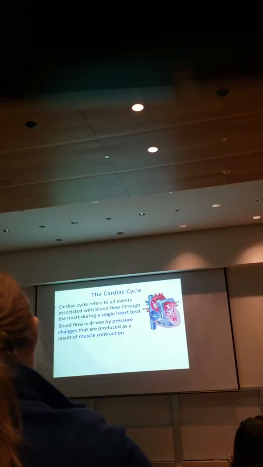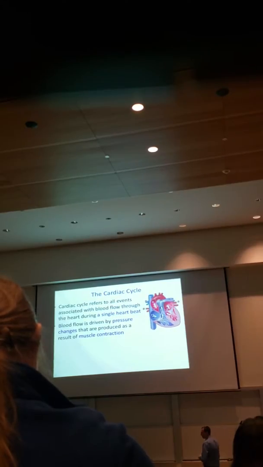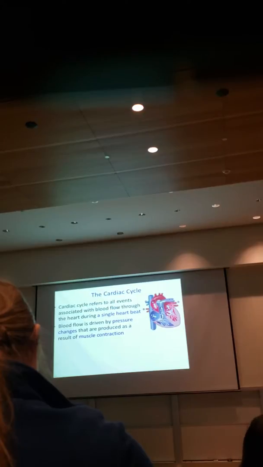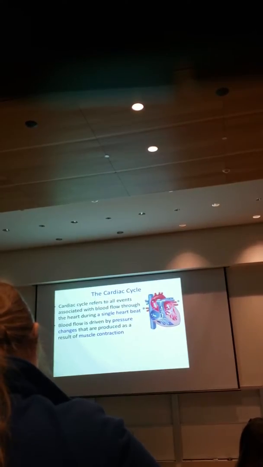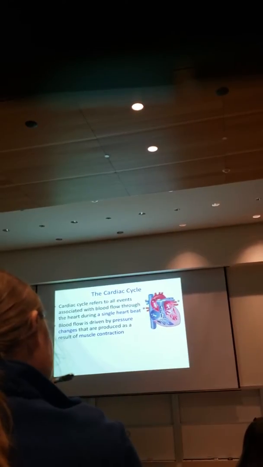So in order for us to make blood flow, what we are doing in the heart, we are creating that pressure change. How do we create that pressure change? By contracting the muscles. That's the idea. This is why we need such a strong muscle in the heart. And this is what we're going to discuss.